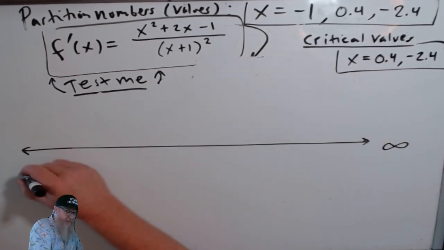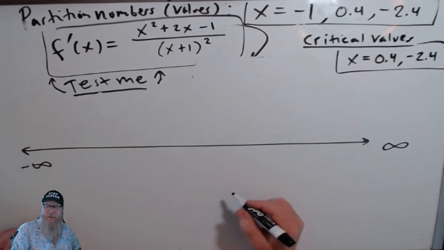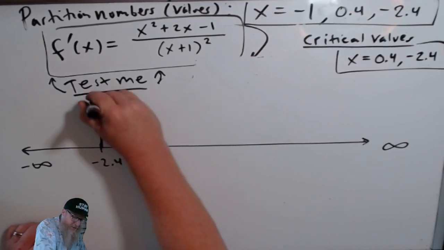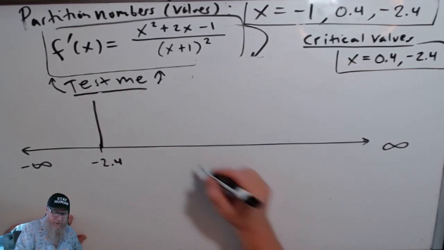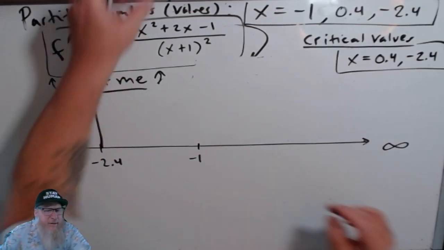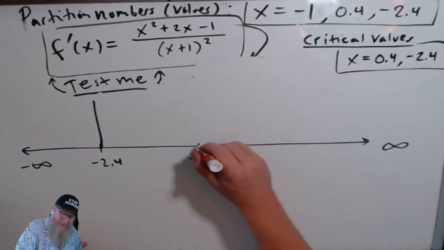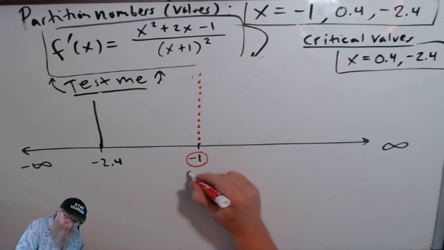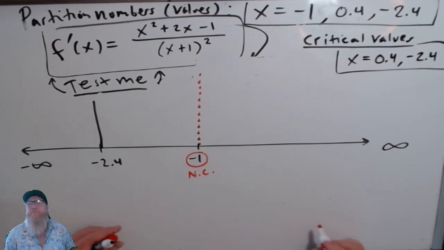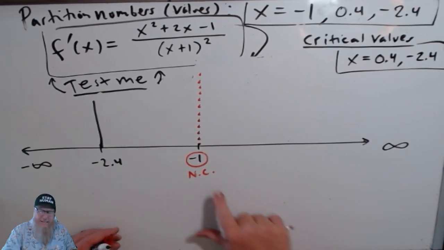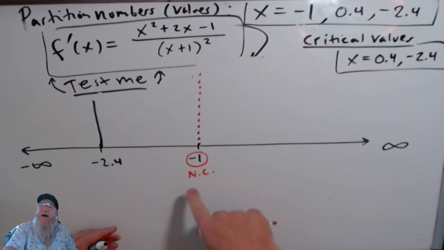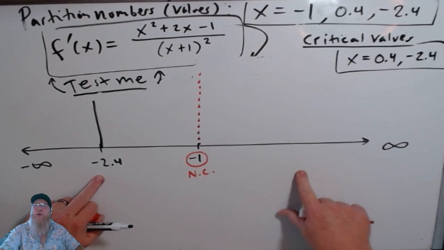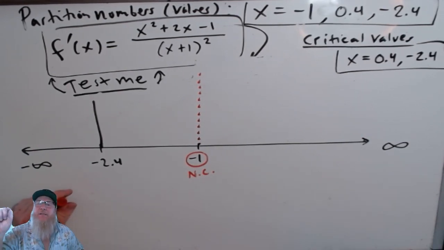And we're going to make our bins. Now watch how I do this. Negative 2.4, that's a critical number. That gets a solid line. All right. Negative 1, I put a circle around it because it's not critical. Why is that important? Well, because there cannot be a point if it's not critical. Only critical numbers can be points on the graph.